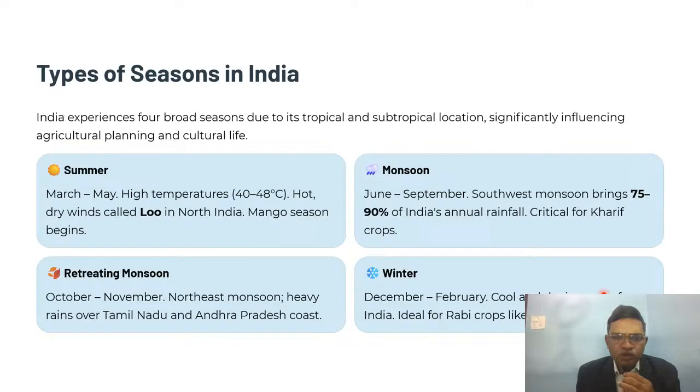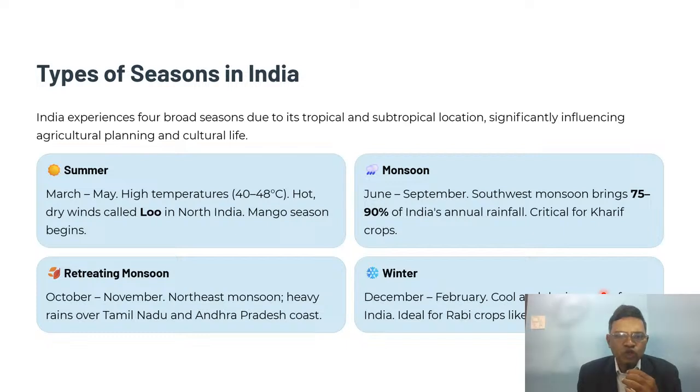Then types of seasons in India. India has four seasons due to its tropical and subtropical location, and it significantly influences agriculture, planning and cultural life. The seasons are summer, monsoon, retreating monsoon, and winter.